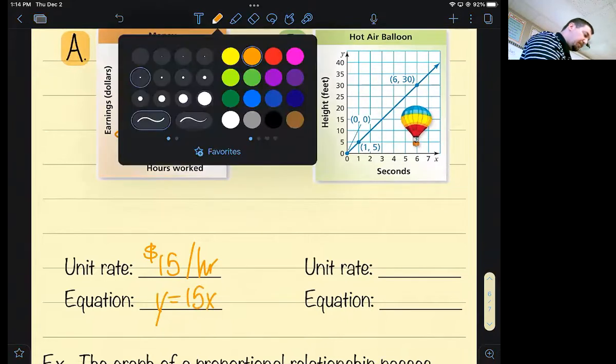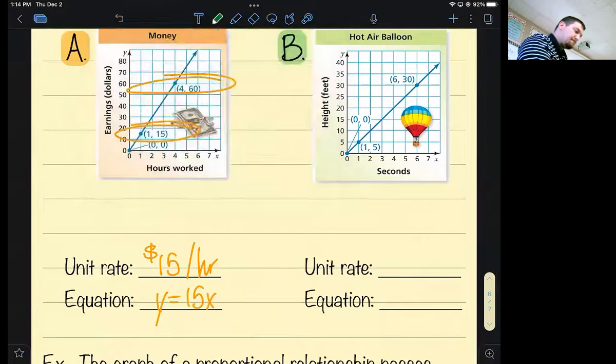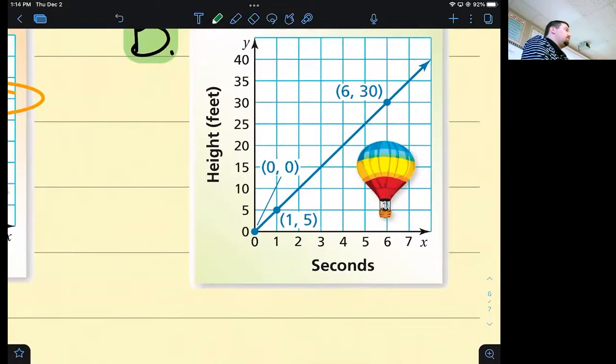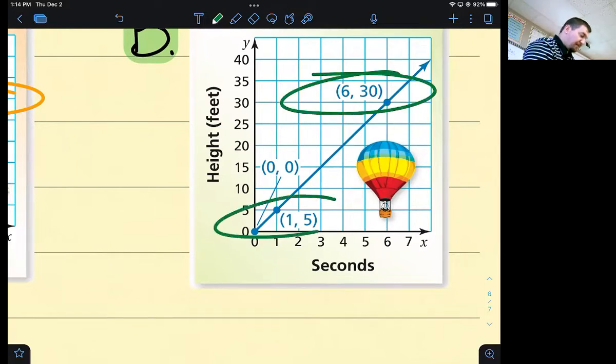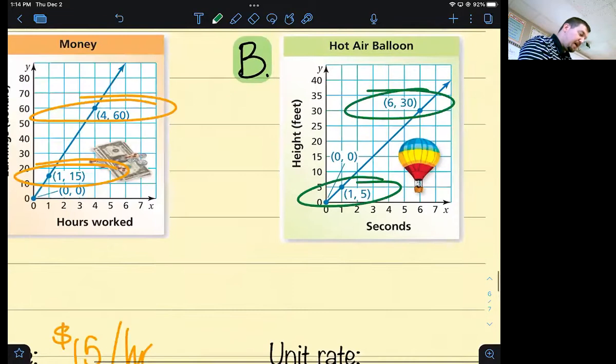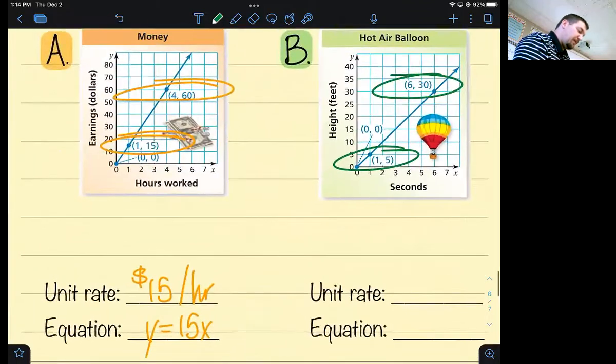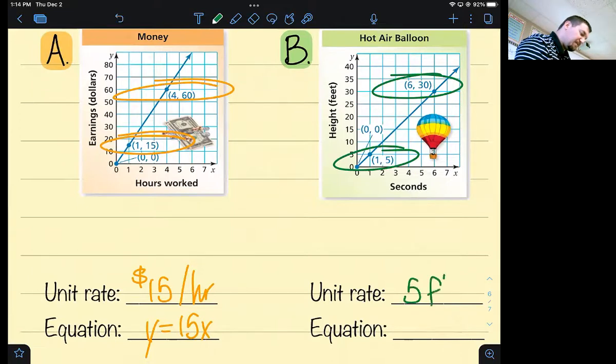What about the hot air balloon? What's its unit rate? Lucy? Yeah, 5. 30 divided by 6 or 5 divided by 1. It's going to be 5. So label it for me, Lucy. 5 what? Feet per second.